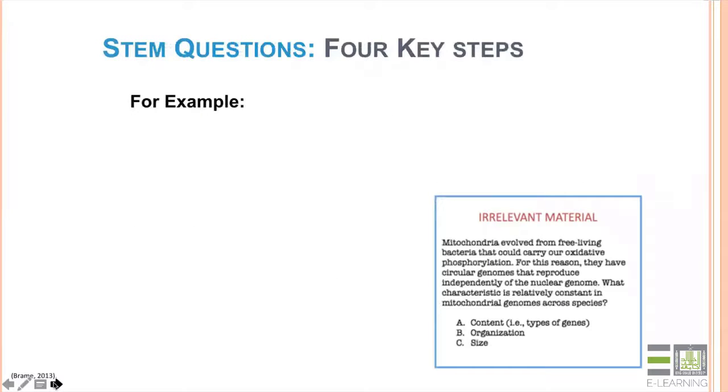So I have an example here of a multiple choice question where there's too much information. Some elements of the question are irrelevant, and the question could be simply rephrased, including this element here, by simply asking what characteristic is relatively constant in mitochondrial genomes.